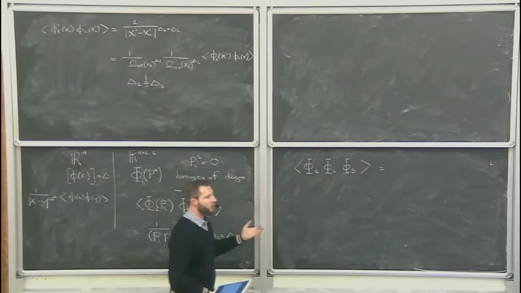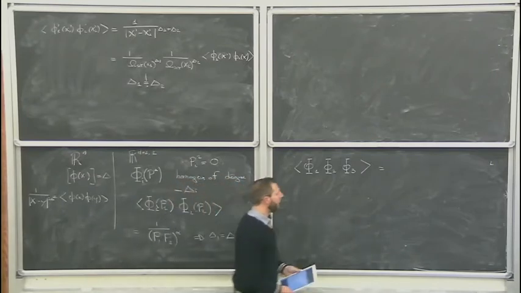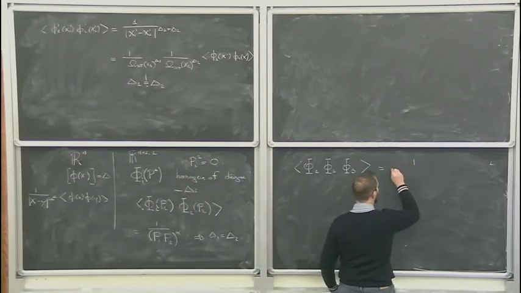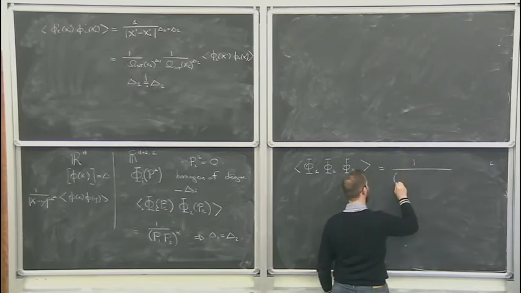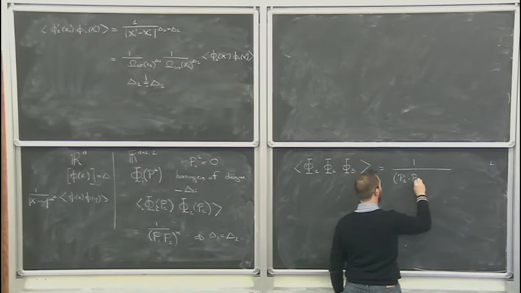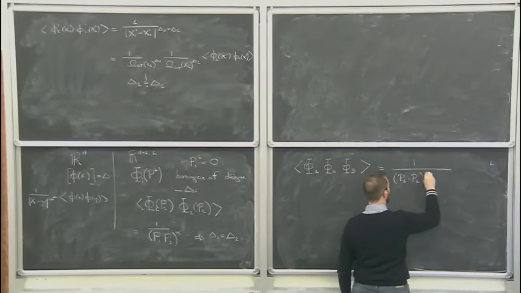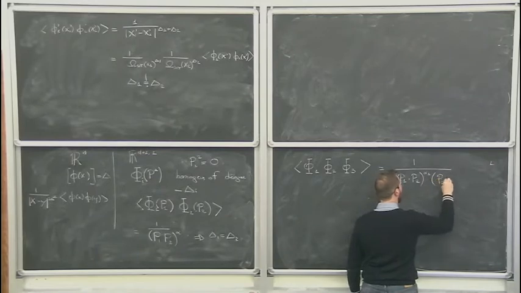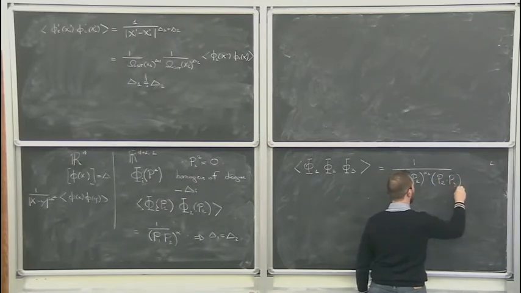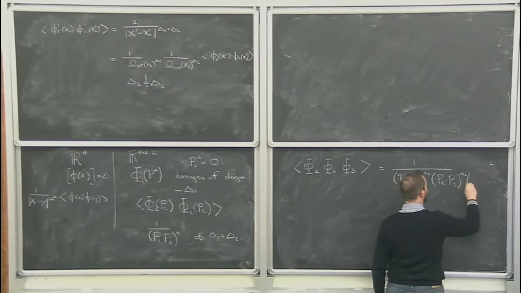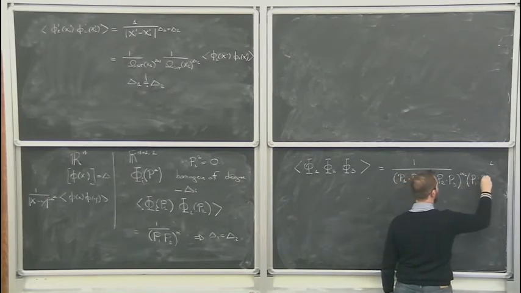And so this property, together with the scaling, tells you that the only possible structures are this one, P1 dot P2 to the alpha 1, P2 dot P3 to the alpha 2, and P1 dot P3 to the alpha 3.